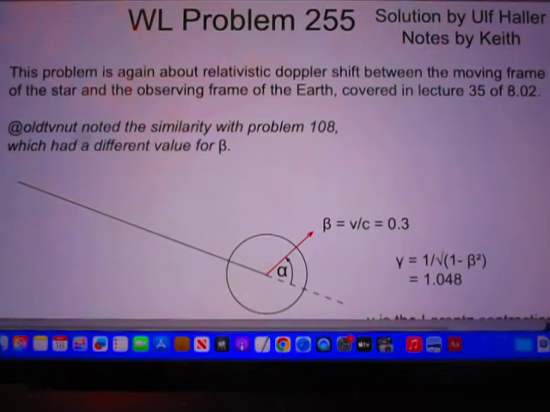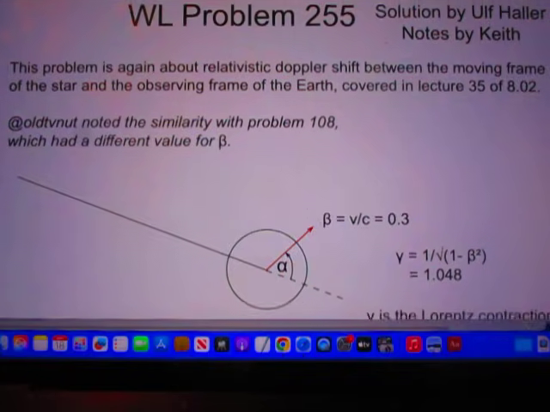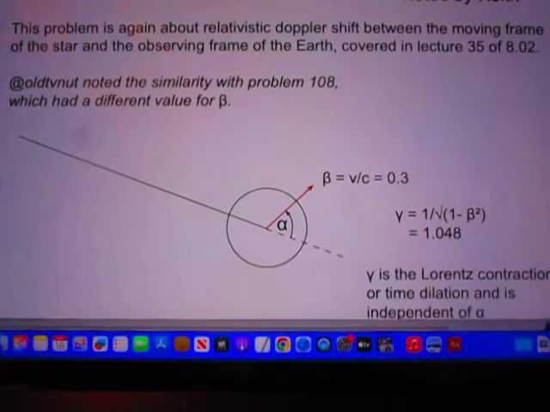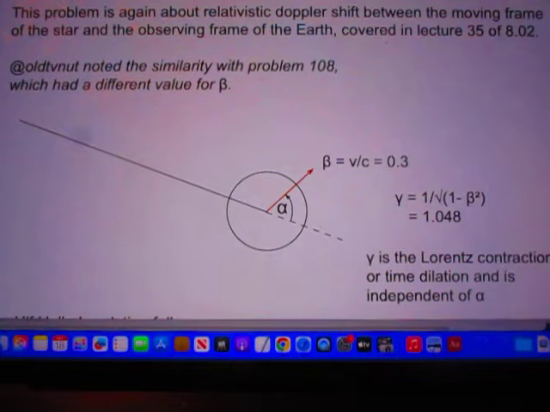Here follows Ulf Heller's solution to problem 255, with notes from Keith Norman. The problem is about relativistic Doppler shift between the moving star and the observing frame of the Earth.